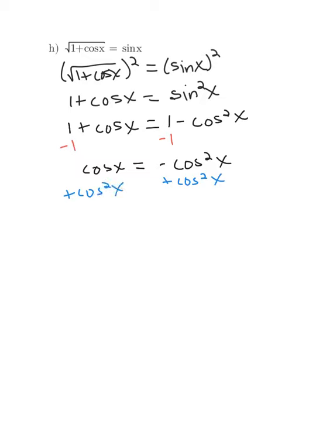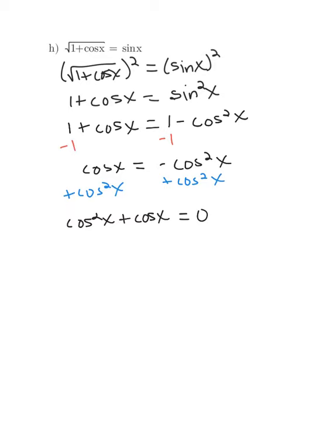Well, those are not like terms, so they have to stay separate terms and be cosine squared of x plus cosine x equals 0. We need to do another callback to algebra.